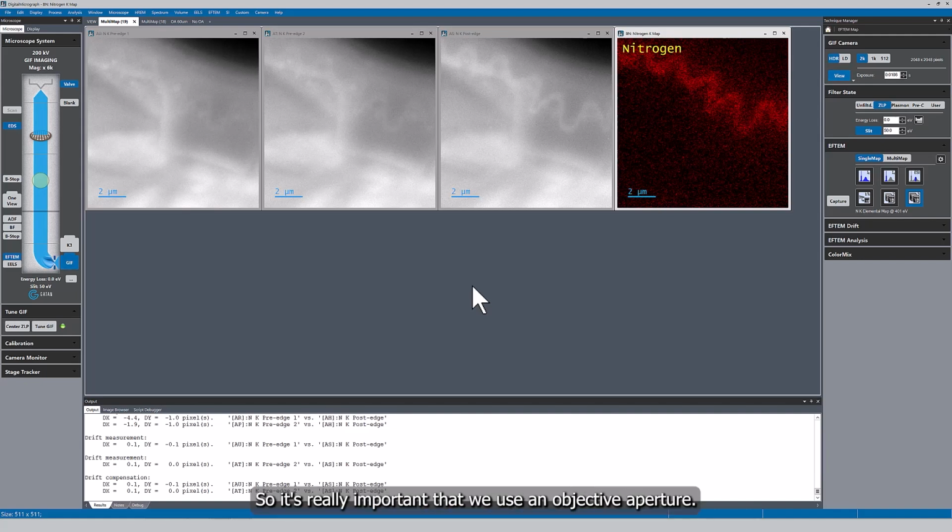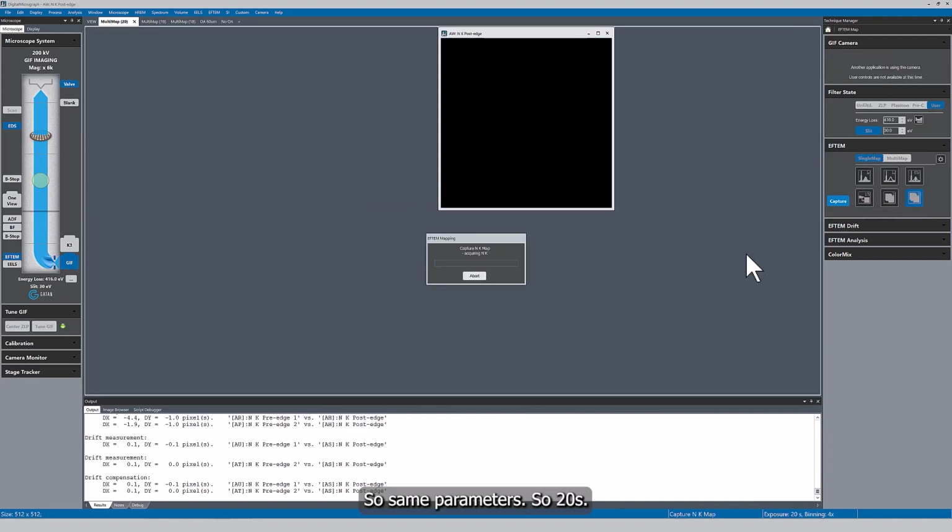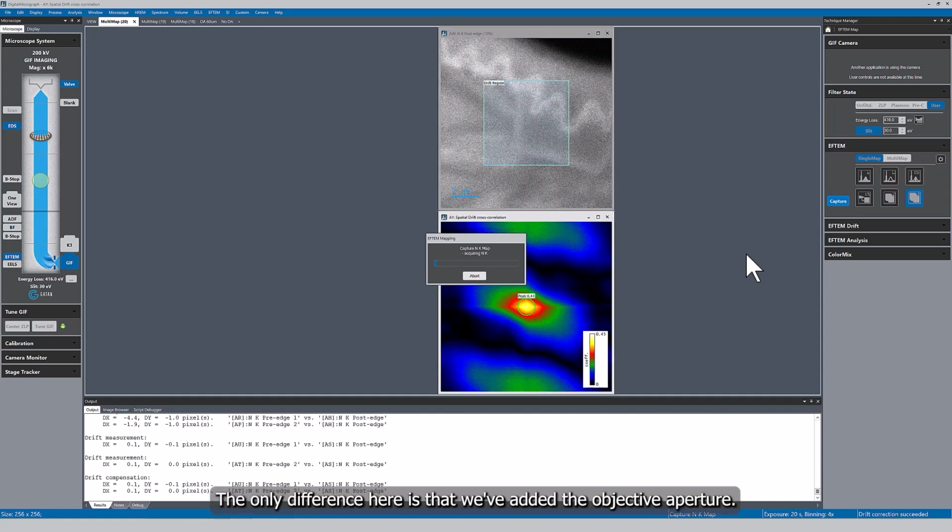So it's really important that we use an objective aperture. So I'm going to put in an objective aperture, our favorite 60 micron objective aperture, and then we'll go ahead and acquire the same map again. Same parameters, so 20 seconds. The only difference here is that we've added the objective aperture.